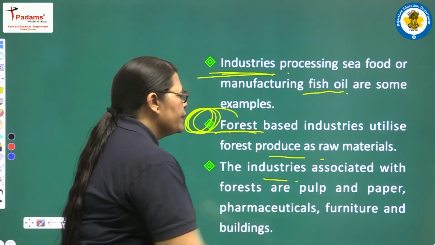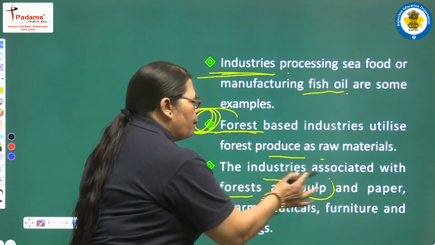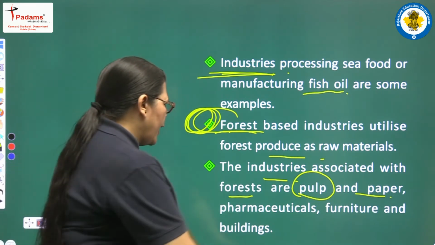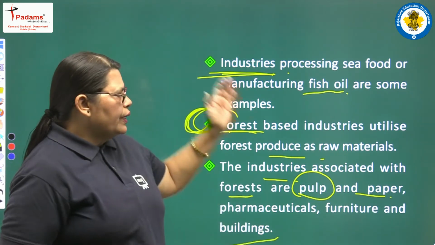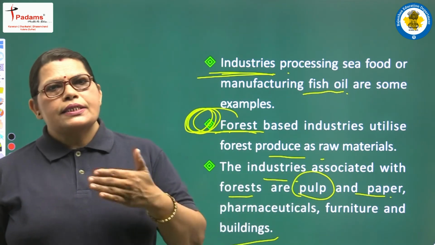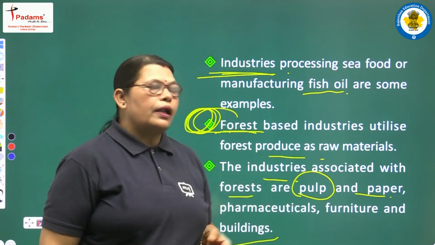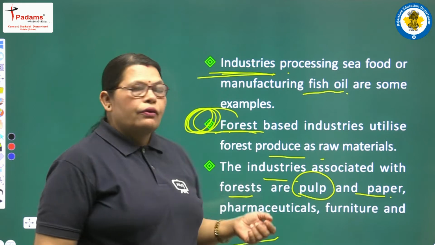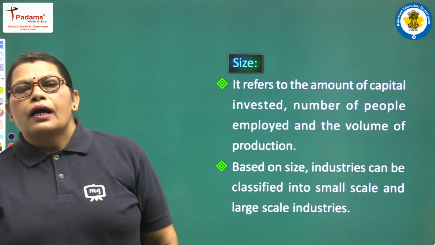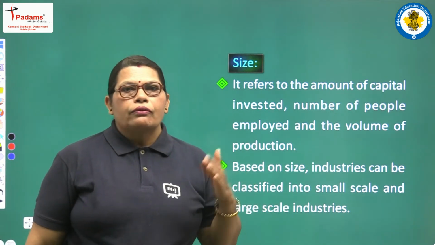So see, all the industries associated with forests are pulp and paper, pharmaceuticals, furniture and buildings. So different types of industries are there. We are discussing some industries here, the pulp, the paper, the pharmaceuticals, furniture and buildings, etc. All these are made from the raw materials to the finest products through the process of industrialization.